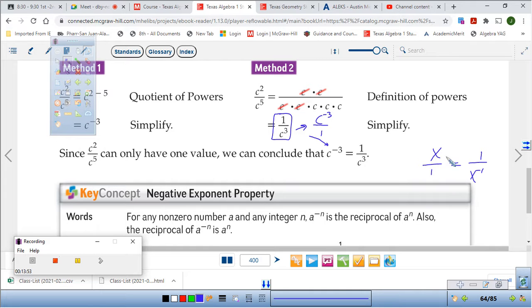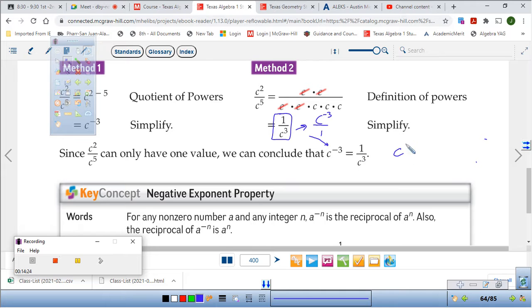You see that? Those two things are the same. Very weird, but yeah. If it goes on the other side of the fraction bar, then the power sign changes. So if I were to have, say, x to the negative 7 down here, then this would be x to the 7th up here. You got it?